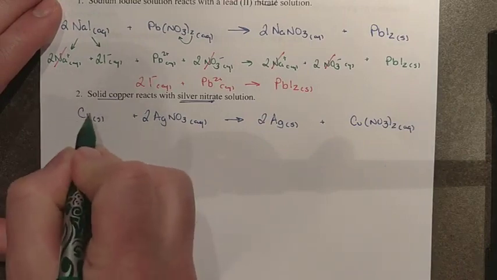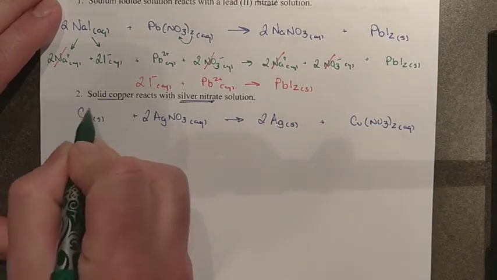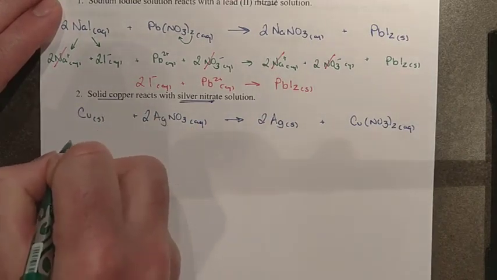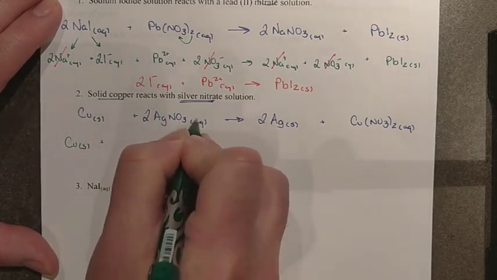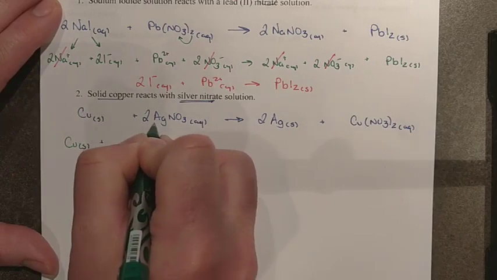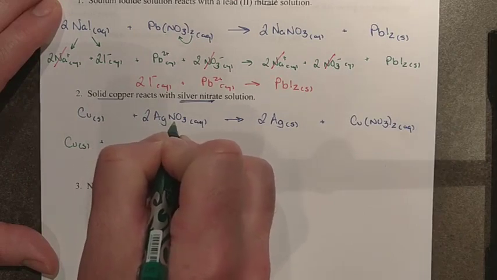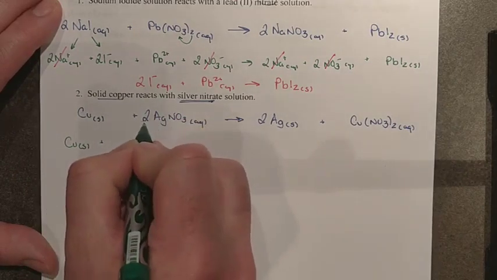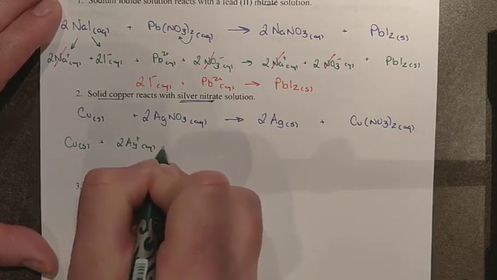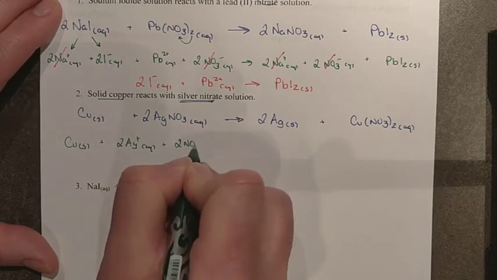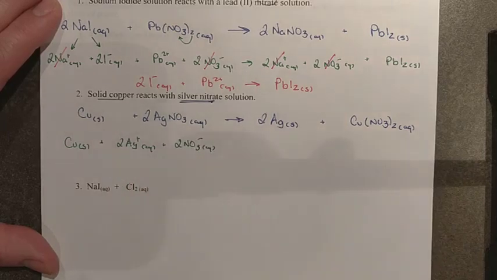Well, copper is not a strong acid or an ionic compound that dissolves, so it is just left as is. Silver nitrate, because it's aqueous, is a soluble or dissolvable ionic compound, therefore it must dissociate. Remember the 2, and so I have 2 parts silver ion, and I have 2 parts nitrate ion when that dissociates.